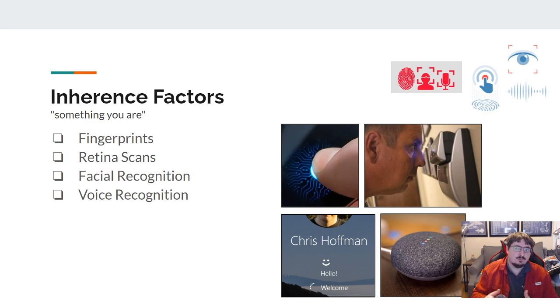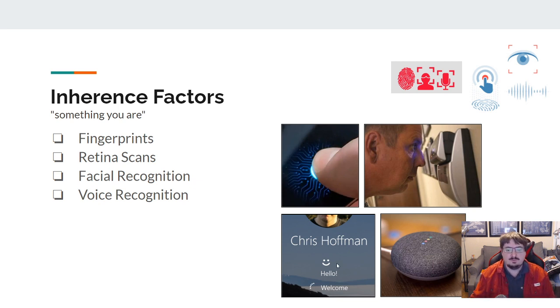The third most common factor that we see is what we call inherence. And this is things that you are, something you are. In general, when we're talking about something you are, we're talking about biometrics. So you're proving things by your biometric attributes.